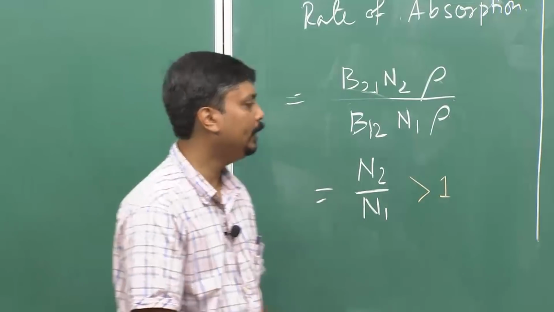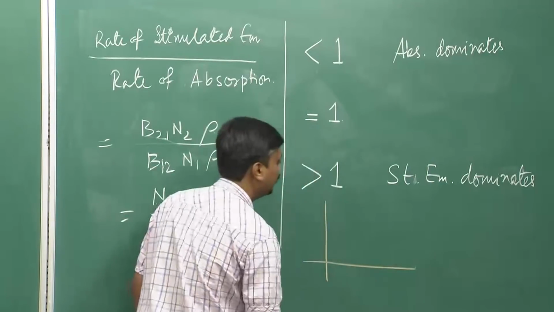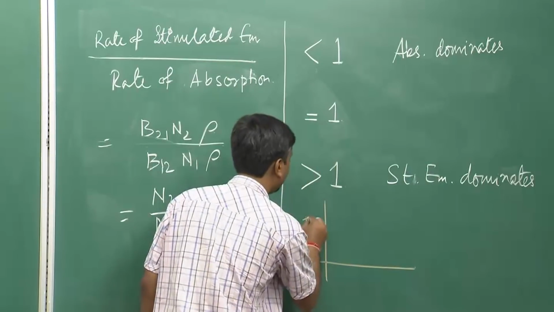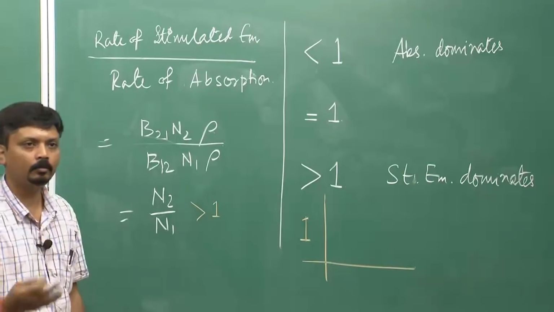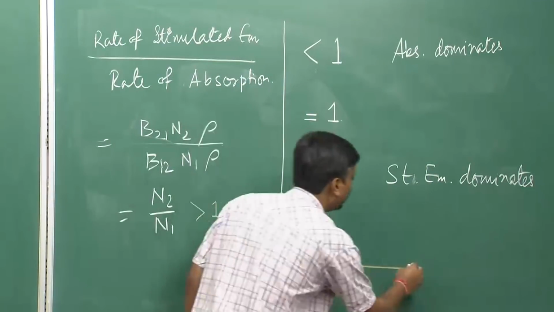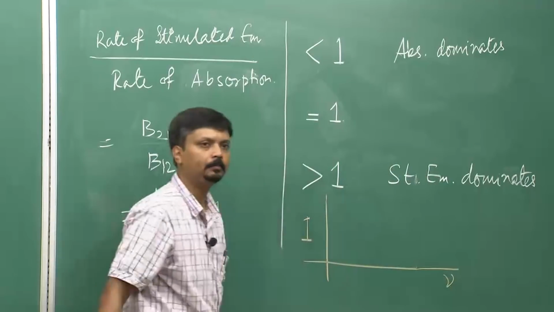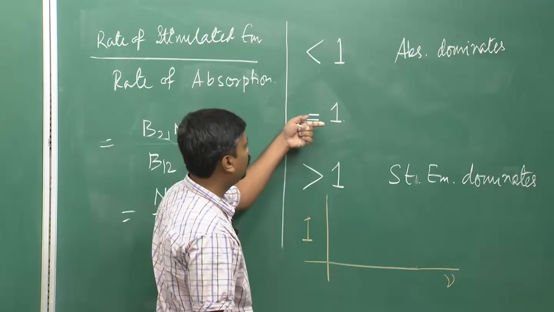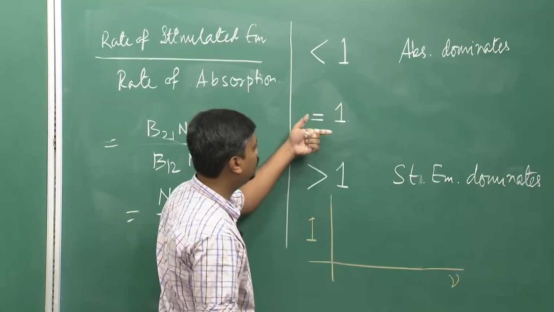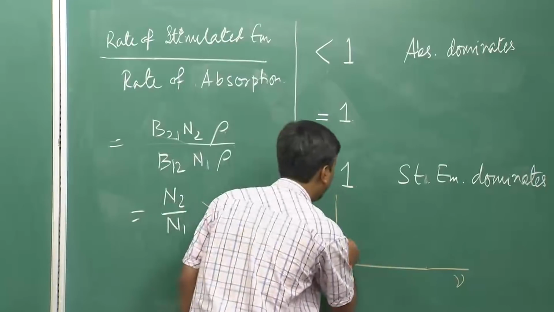What I will see can be shown graphically if I plot the intensity of light as a function of frequency. When I have a condition which is equal to this, I have no net gain.